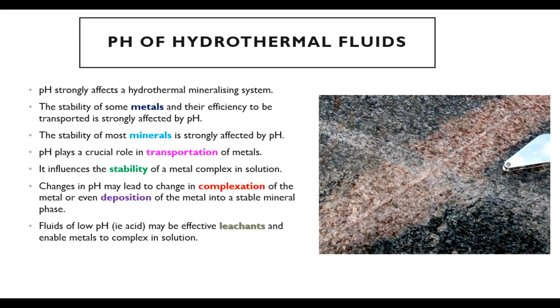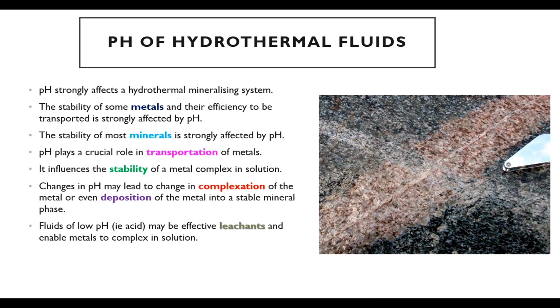So this influences the ligands, all those negatively charged anion complexes that bind to the metals. And so depending on how complexation happens, if it's acidic versus alkaline, will influence which metals and which ligands can complex together to actually carry material.